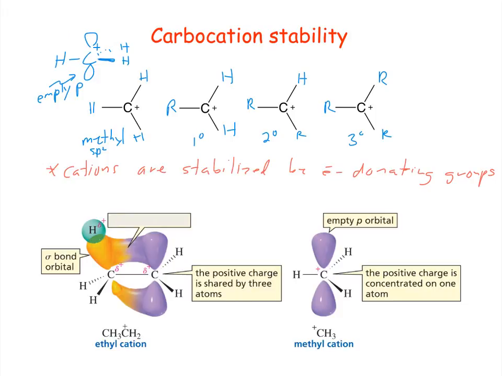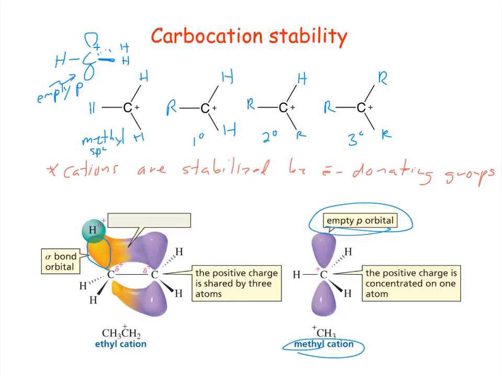All right, now alkyl groups, though they're not great electron donors, can donate some electrons into that empty p orbital. So down here on the lower right is the methyl cation that I drew up above, even though it was down here. But remember that this is empty, right? An empty p orbital. So next to that, we have these sigma orbitals, all right?